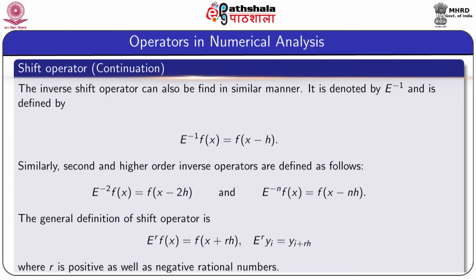The most general expression is E to the power r f x equals f of x plus r h, or in terms of ordinate, E to the power r y i equals y i plus r h, where r is any positive or negative integer or rational number.